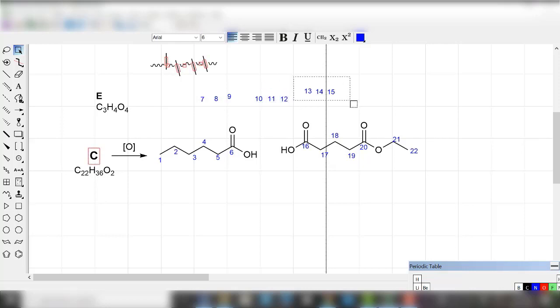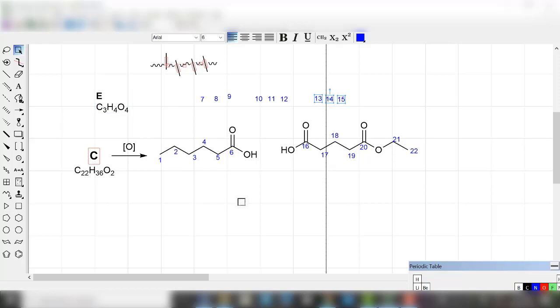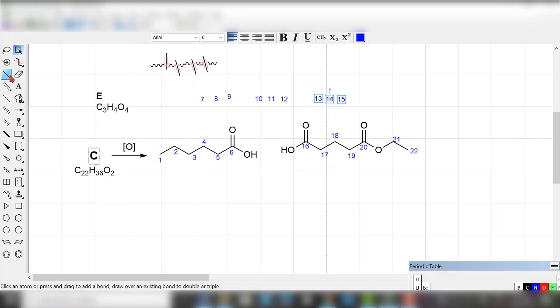These 3 belong to the other one, and these 3 belong to the other one. And they must be the same thing, and they are therefore E. And the only way for me to connect these 3 molecules to these 2 final fragments is that the E must contain a carboxylic acid. Or rather, 2 carboxylic acid. Okay? So with that, there are 3 fragments of E.